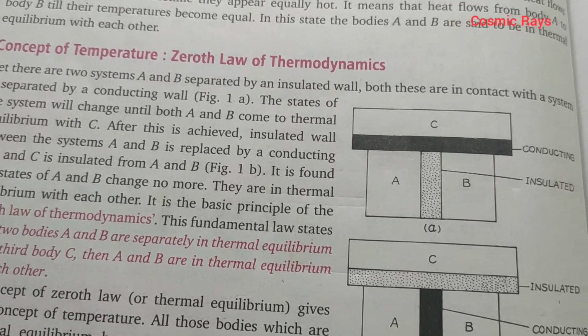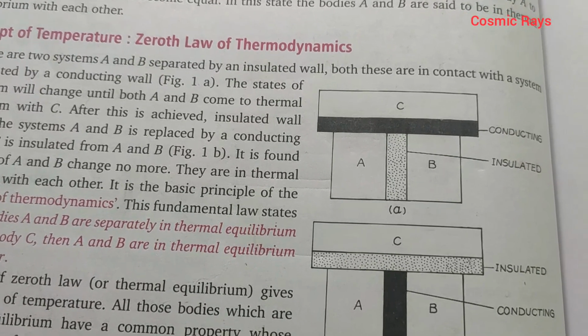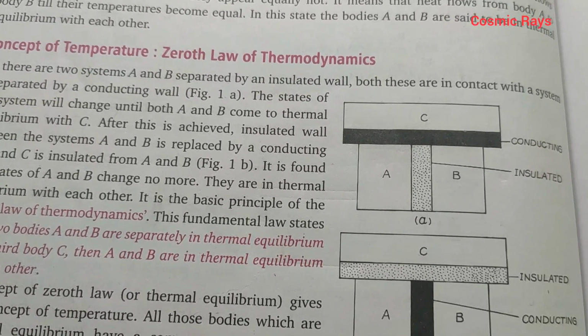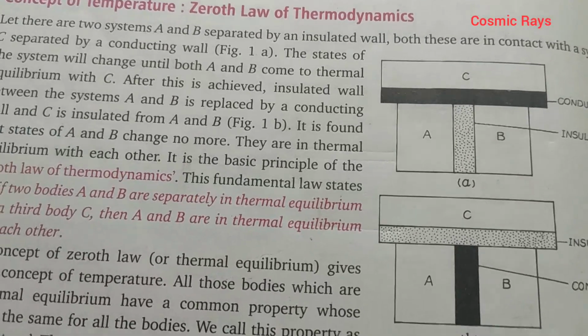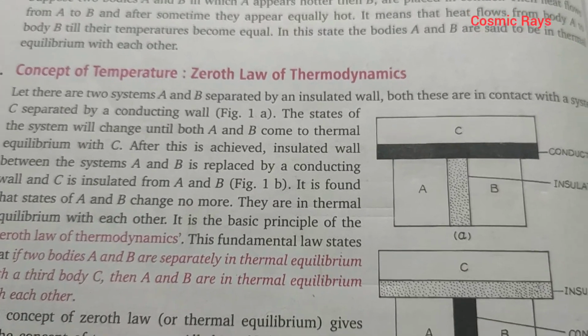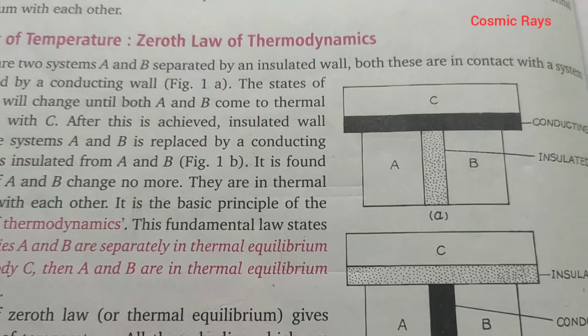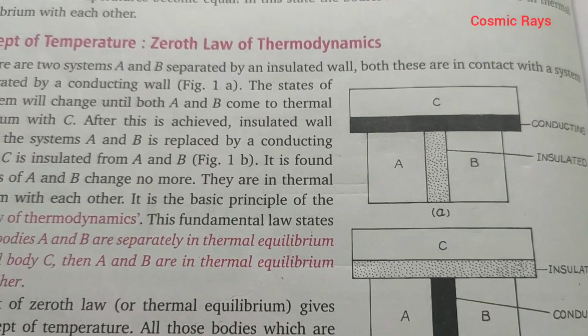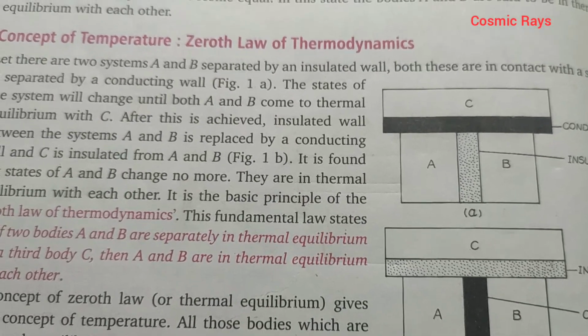Because we have the first law and the second law of thermodynamics, which were discovered or formulated long before we discovered the Zeroth Law, or the law which tells us about the temperature or the concept of temperature. So we have been using this term in our first law and second law, but we had not defined it.